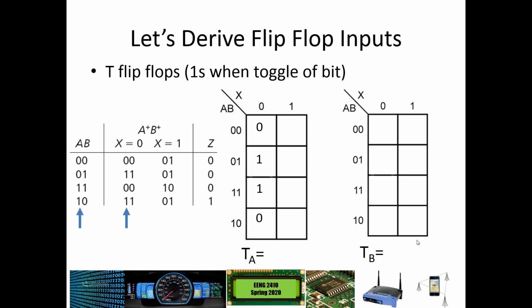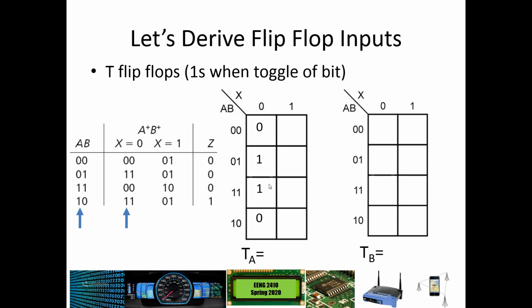So if we look over here at our A relative to our A plus, we see that the values that change are these two middle ones. We go from a 0 to a 1 and a 1 to a 0. The top and the bottom values stay the same.